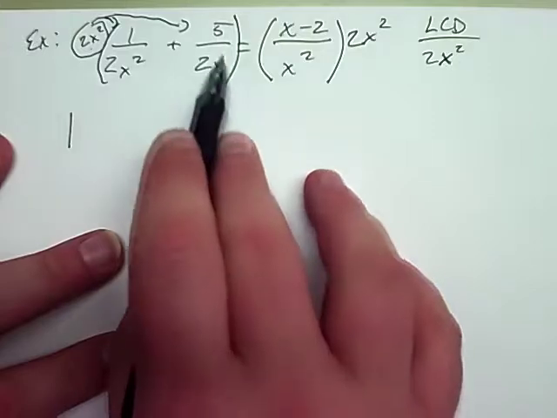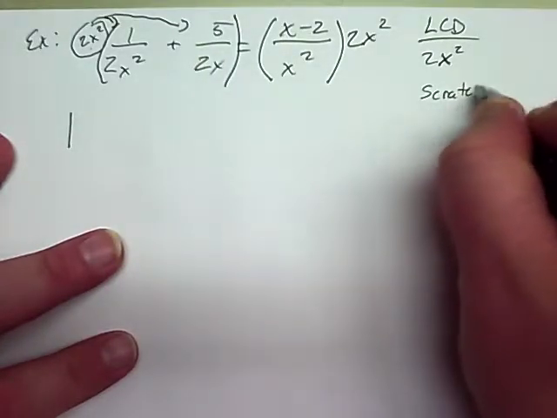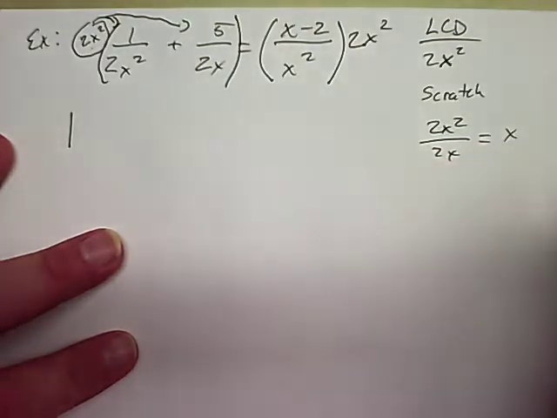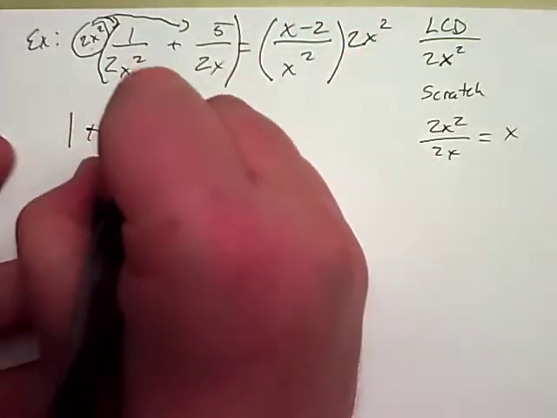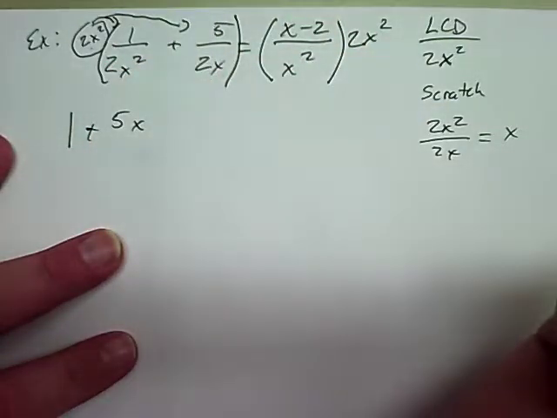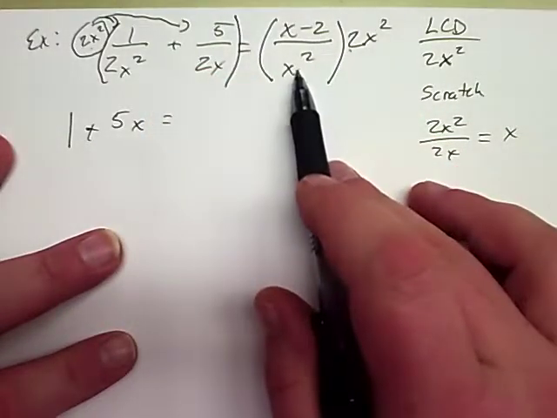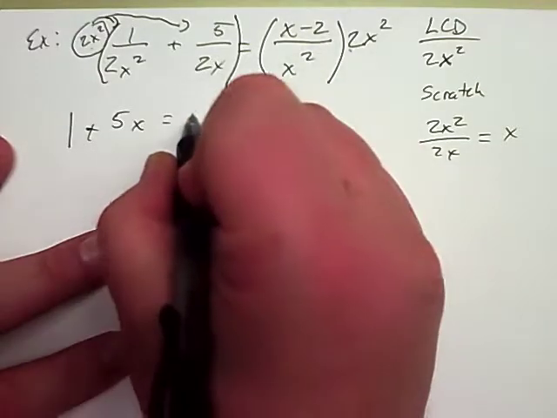Here, 2x squared is going to cancel with 2x, and if I do this on my scratch work, 2x squared divided by 2x, I'm left with x. So then I'd have plus, now there's a 5 already there, so 5x. Then on the right side, the x squared is going to cancel the x squared, and I'm left with a 2.